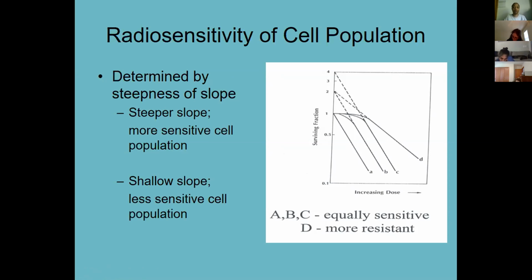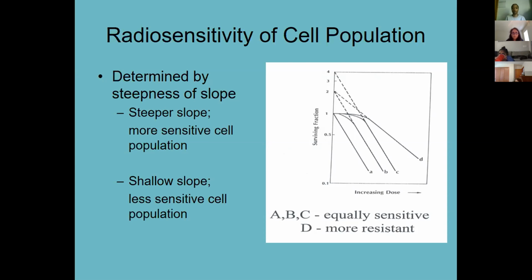So whereas curves A, B, and C are equally sensitive, curve D, that population would be less sensitive. So we can get a general idea of radiosensitivity, and this is just a general idea. This is not quantifying radiosensitivity. This is just saying, hey, I can look at this and tell which is the most sensitive population.